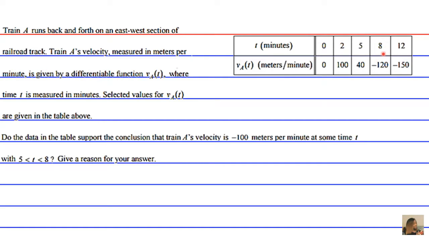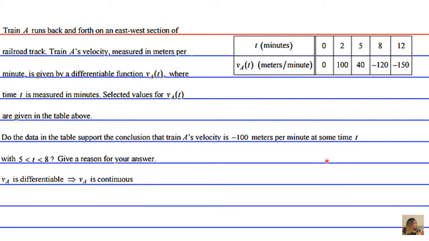The intermediate value theorem states that if a function is continuous, and here we're told that VA of t is differentiable, so we can state that VA is differentiable. Therefore, if a function is differentiable, it's also continuous. So the intermediate value theorem would uphold our function VA of t that's demonstrated here in the table, okay?